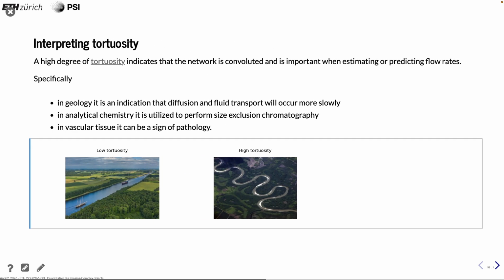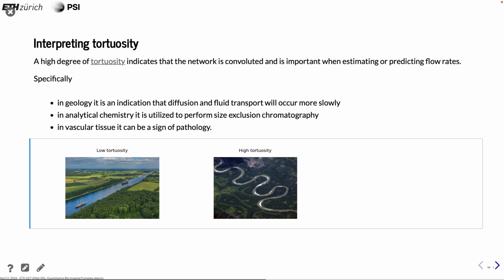If you have low tortuosity, it's just a straight line, where you have the same curve length as the Euclidean distance, and then you would have a tortuosity very close to 1.